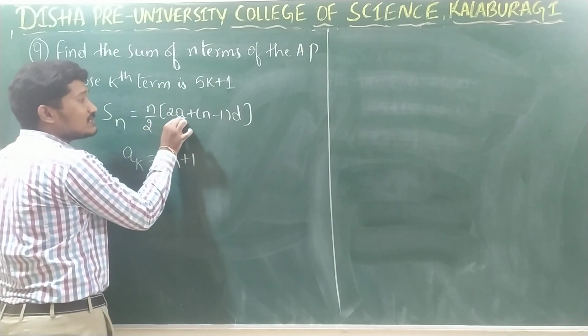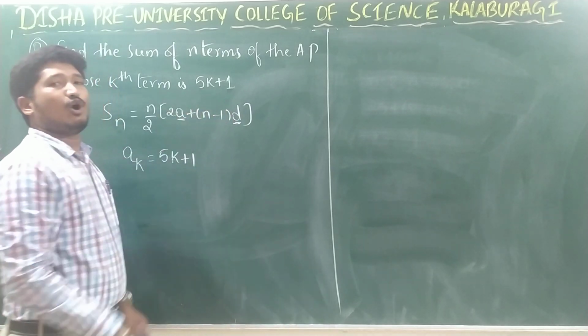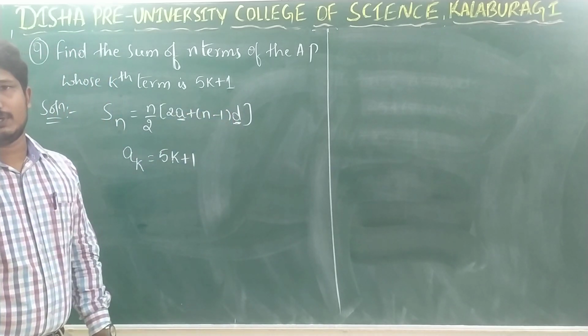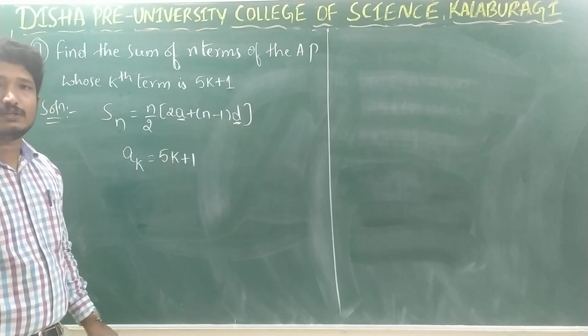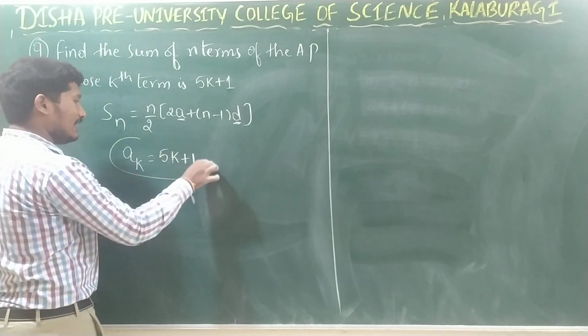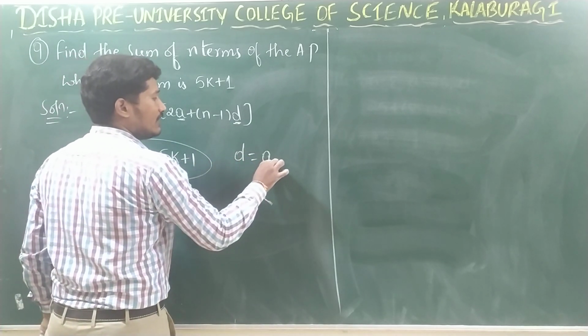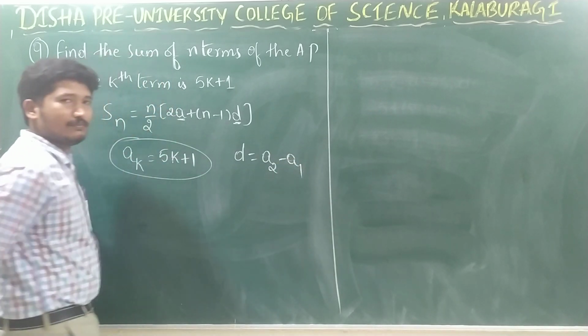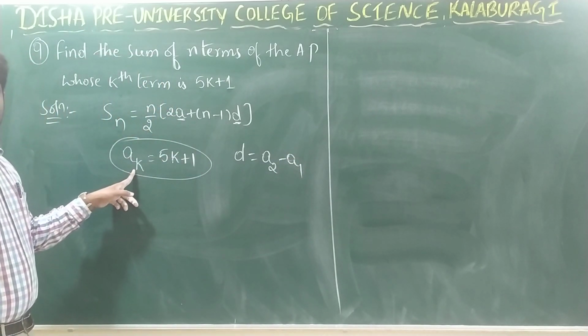We need the first term of the arithmetic progression as well as the common difference. So how to find out the first term and the common difference? By the given kth term. Usually we write the common difference as a2 minus a1.